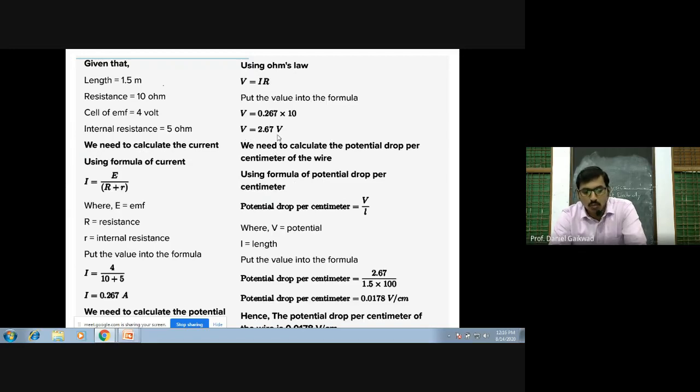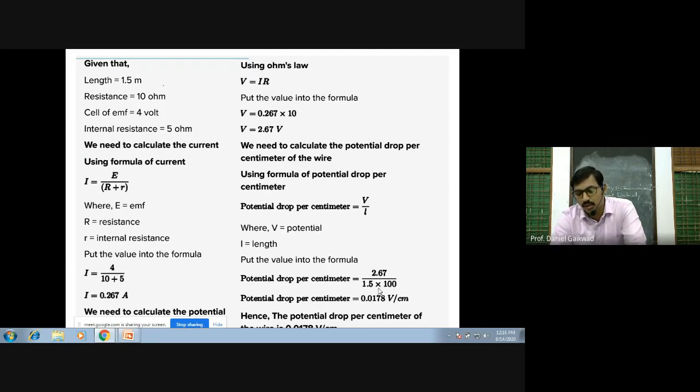So we obtain the potential difference, and now potential drop per centimeter means V upon L. That L we have to convert into centimeter; L is given in meter, so meter to centimeter conversion is important. So potential drop per centimeter is equal to potential V 2.67 divided by 1.5 length, and if it is converted into centimeter, multiply by 100. 1 meter is equal to 100 centimeters.